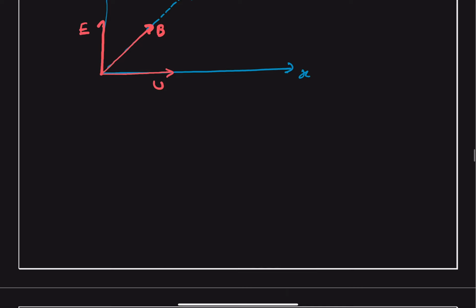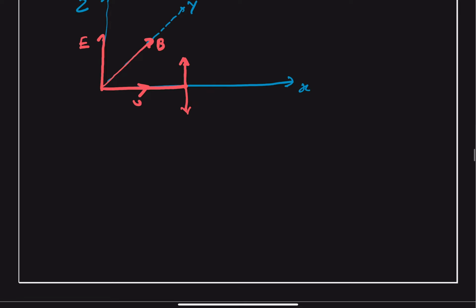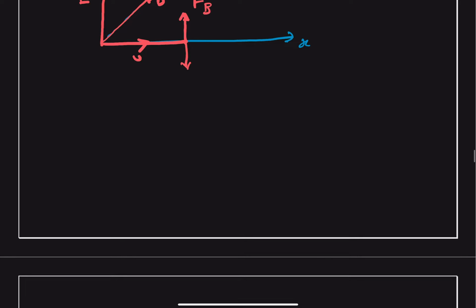So the net force on the electron, we can just draw it again. Suppose it is somewhere here and is moving in this direction with the velocity v, and at this particular point it will have two forces. One is downward, negative z, another one is positive z. So in the upward direction we have the magnetic force, and in the downward direction we have the electric force. So it will have a tendency to move in a straight line.